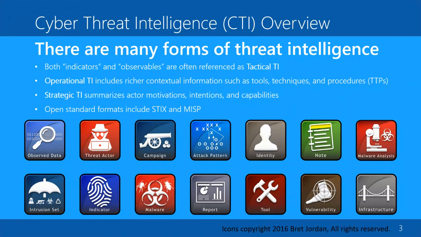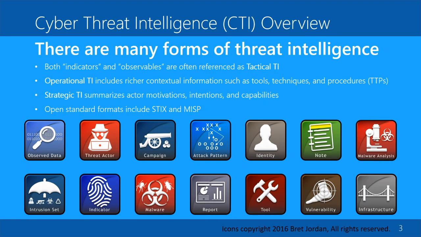So I think what helps when we start talking about threat intelligence is to get a little crisp on some of the terminology, because threat intelligence is really a big term. It could mean a lot of different things. At its heart, when we talk about threat intelligence, it's anything related to a threat to your infrastructure or your enterprise's people, your organization, your assets.